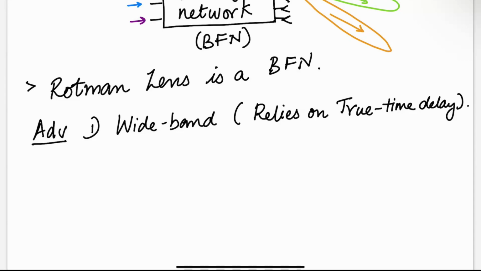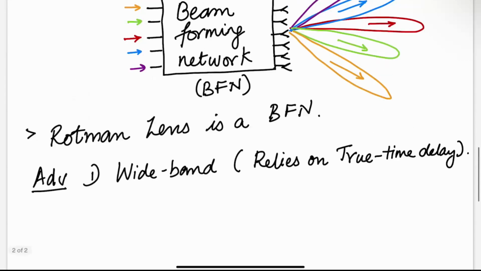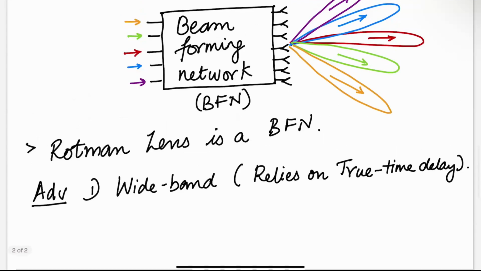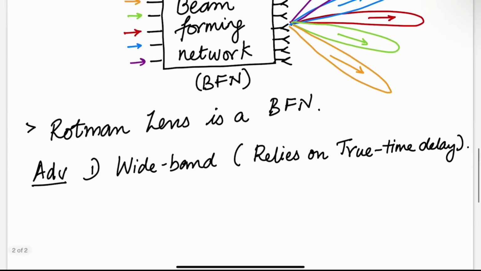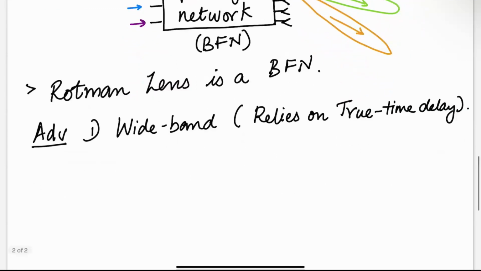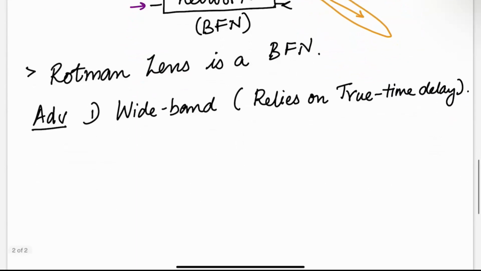Essentially, it doesn't use any frequency dependent phase shifters, like lambda over 4 lines or any phase shifters that are fixed with respect to frequency. It relies on actual true time delay, and that's why it becomes very wideband. It's very important.